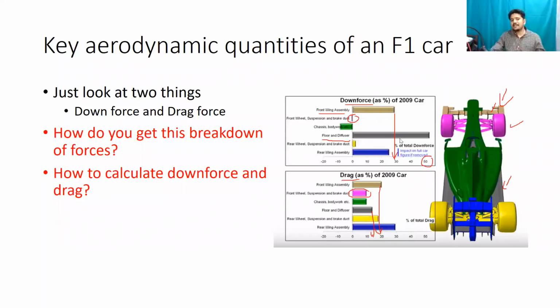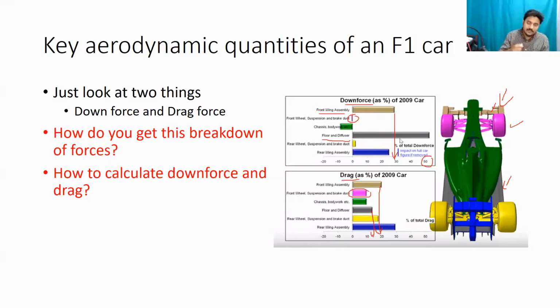As far as calculating downforce and drag, I'm not going to go over the definitions. Maybe for the next lecture on the same topic, I can show you some formulas. But how do you get this breakdown of forces? In CFD, once you run the simulation, you can do something called post-processing.